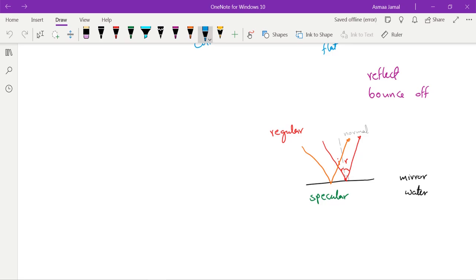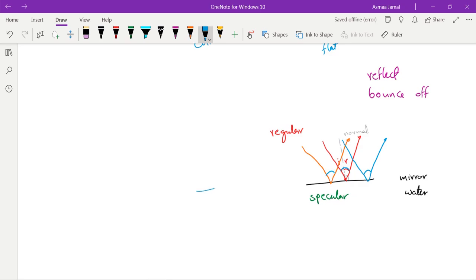So this one here will equal this one here, will equal any incident ray on that specular surface. This will give us a clear and shiny image.